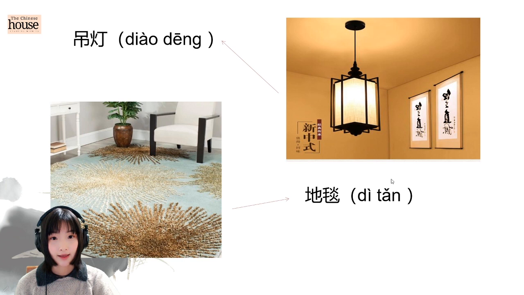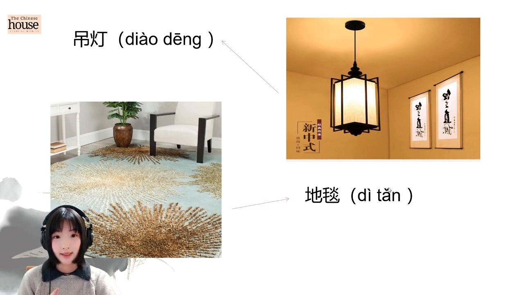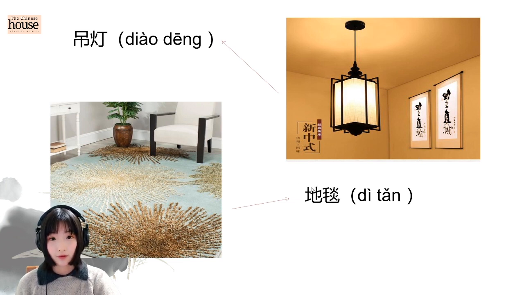Then this is carpet. 地毯. 地 is fourth tone, 毯 is third tone. 地 means floor, means ground. We have learned it before.